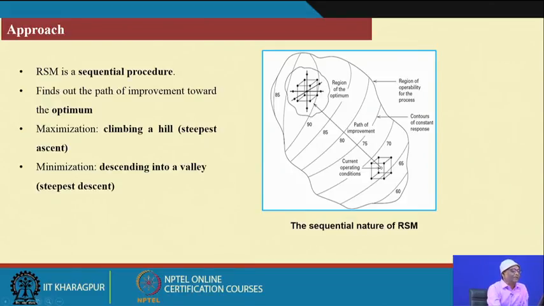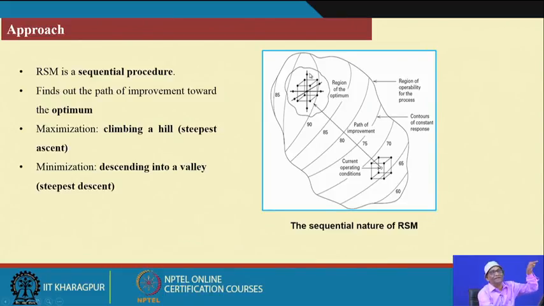So, if this is not the point of optimum, you may fit a first order regression model, and from that model find the direction of the optimum, then follow that direction, do the next experiment, and again fit the first order model. If the first order model does not fit there, you have to go for a second order model.